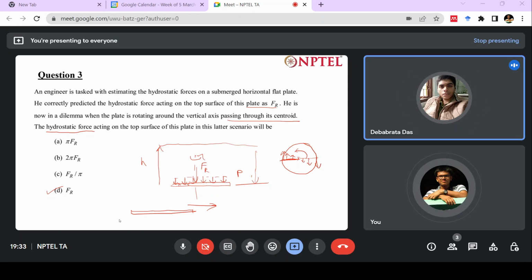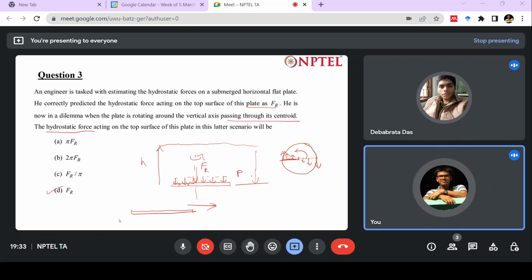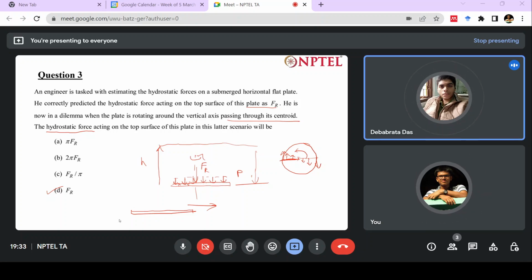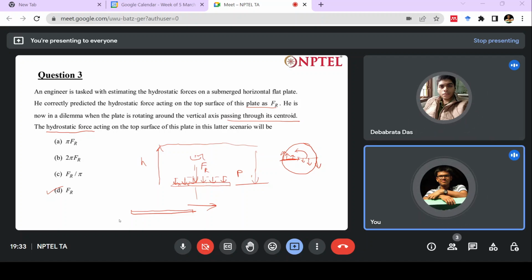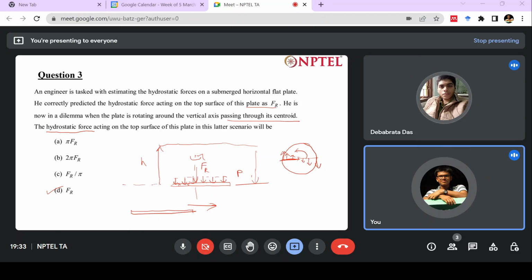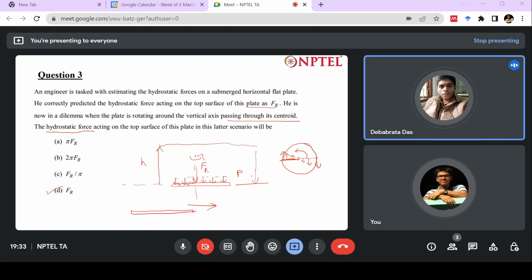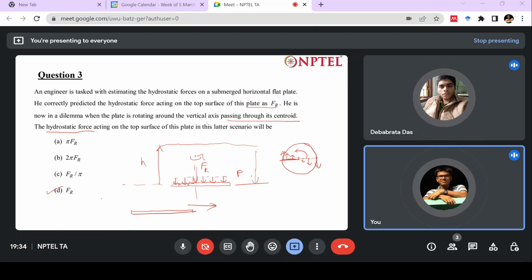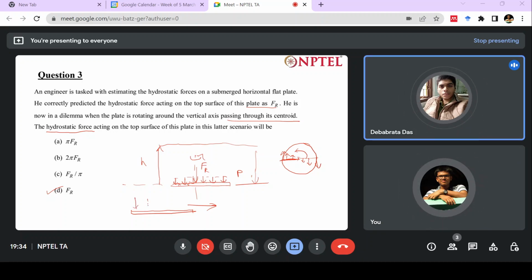So that's what we did while we were calculating shear stress at the wall. I think two weeks back we were calculating shear stress at the wall. There we were trying to calculate the hydrostatic forces due to the tangential component. So we have to keep that in mind. If it is submerged and we are moving this plate in the horizontal direction, there will definitely be pressure.